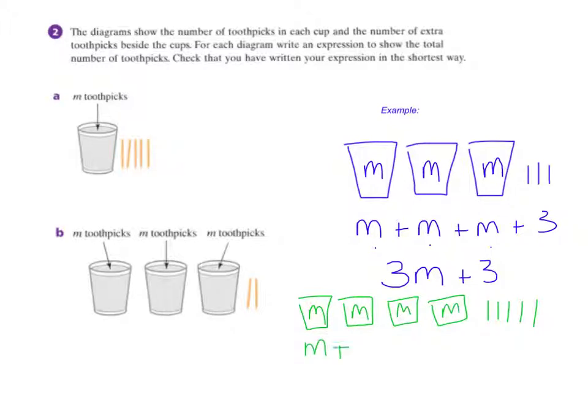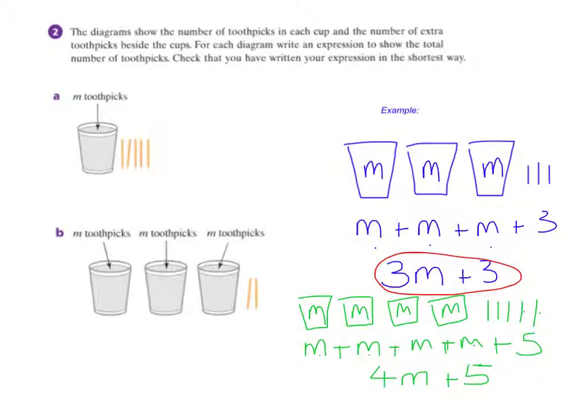I've got M plus M plus M plus M plus 1, 2, 3, 4, 5. Sorry, a bit messy. I've got 4 M's plus 5. So this is my expression for this one, and this is my expression for this one.